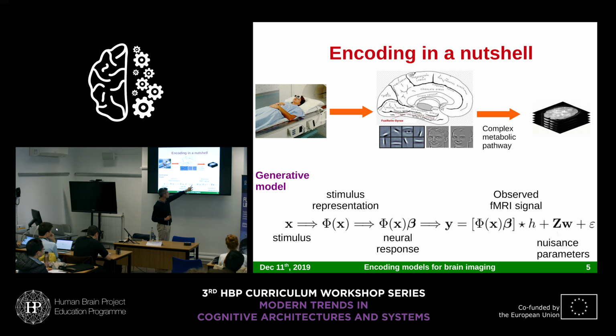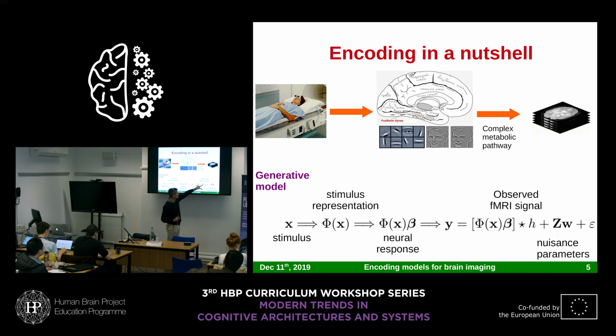What you observe is an fMRI activity y, which is the neural activity convolved in time with a hemodynamic filter, which is just due to the blood response, the blood oxygenation changes, represented by the temporal filter h. Think of this as events occurring in time.